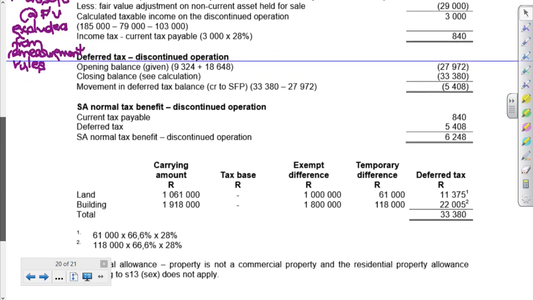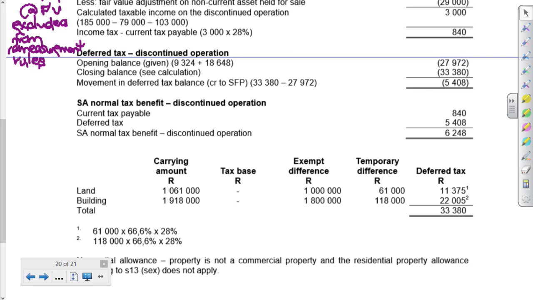And then my deferred tax for the current year is on the land and buildings, 1061 and 1918, which is the 2979 that we saw, the market value. The original cost was 28, and so I have a temporary difference, which is 179, and it's taxable at 66.6%, 28%, because it's an increase in the fair value of an investment property.